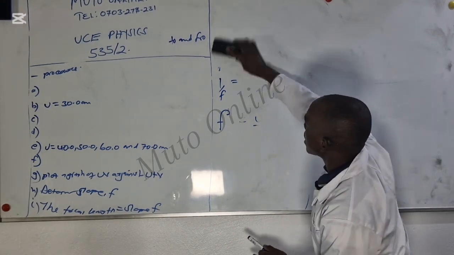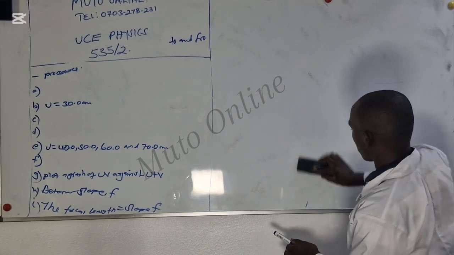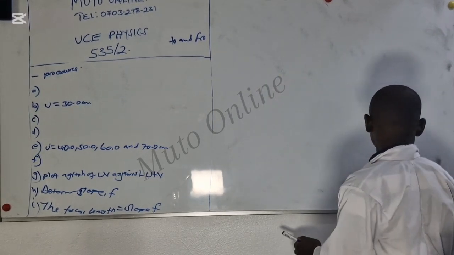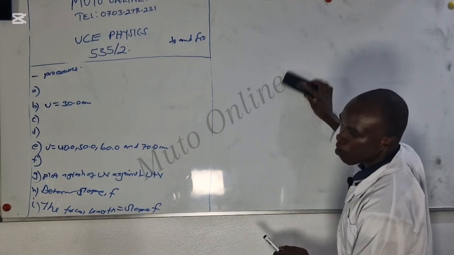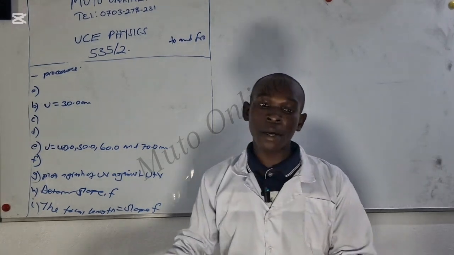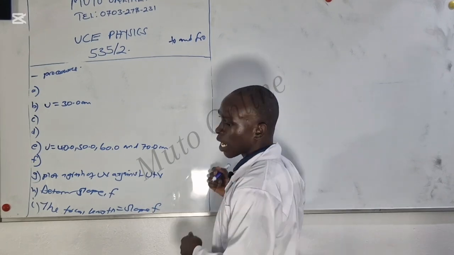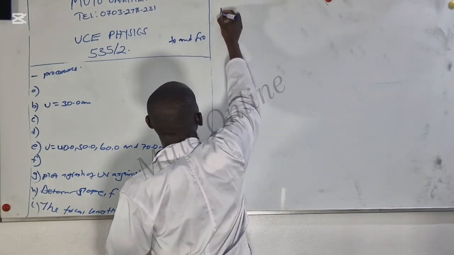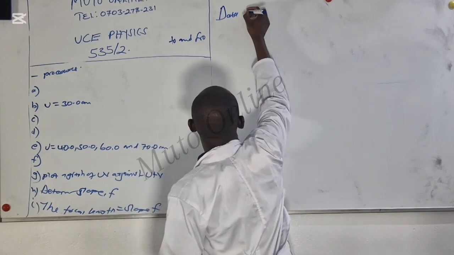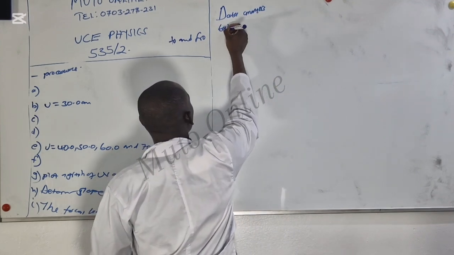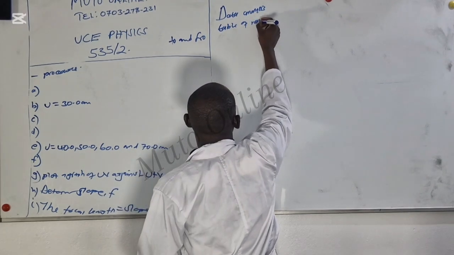Now, these errors identified and their mitigations can actually come after the table of results or they may come before, because we may identify some errors along the process of doing it. So we can now have data analysis. Under data analysis, we shall have table of results.